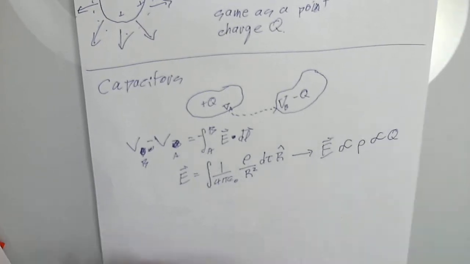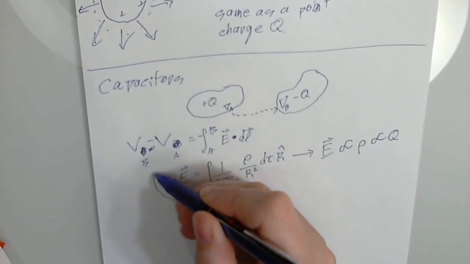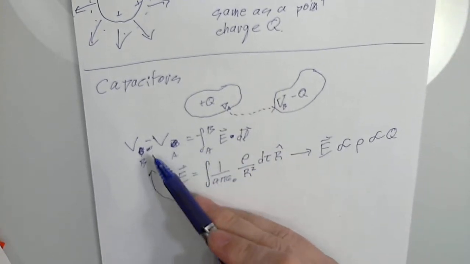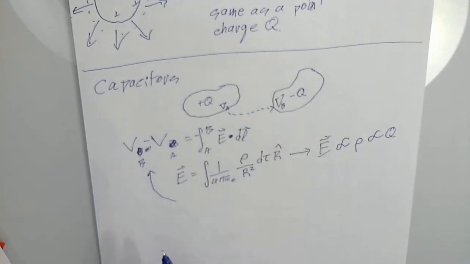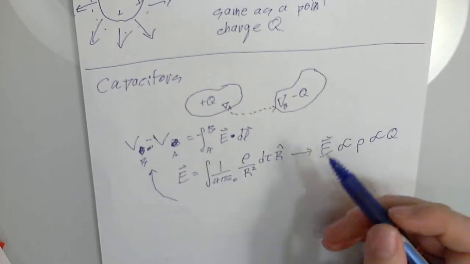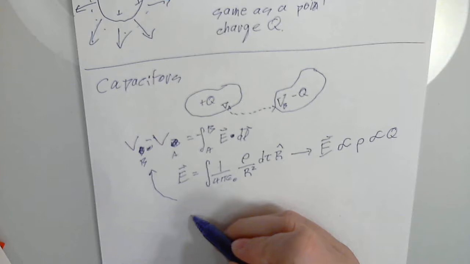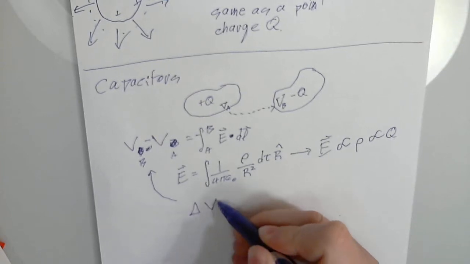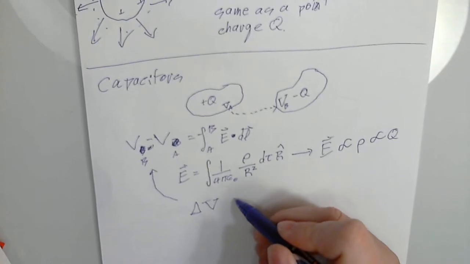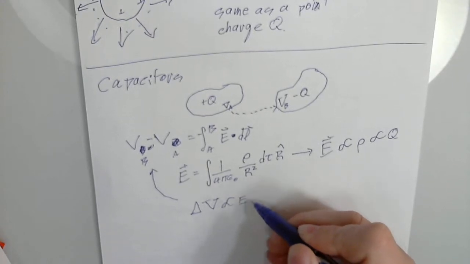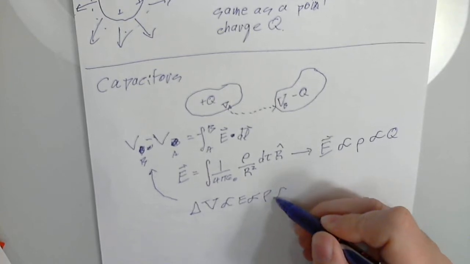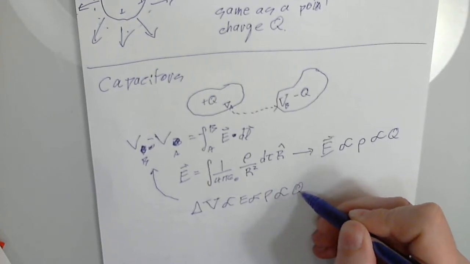So the electric potential difference between these two is proportional to the field, which is proportional to the charge density, which is proportional to the charge itself.